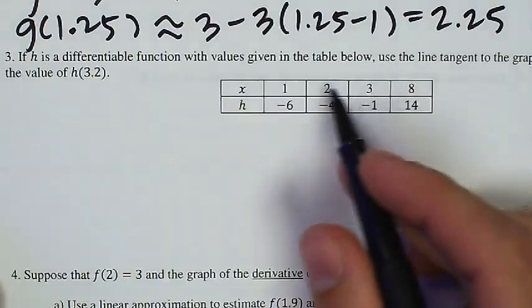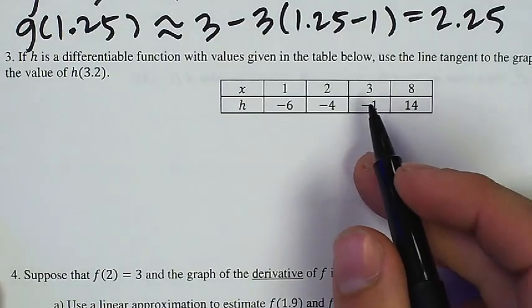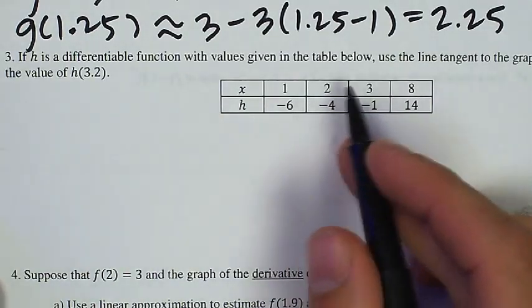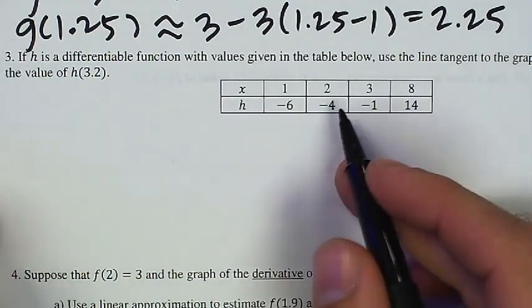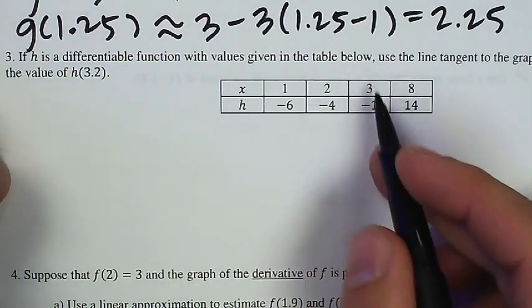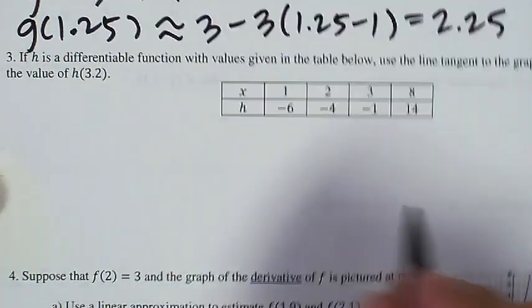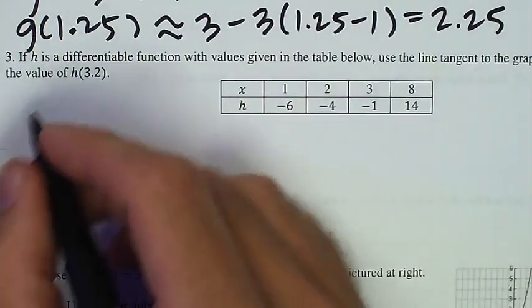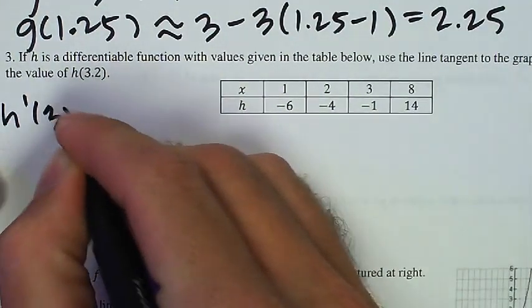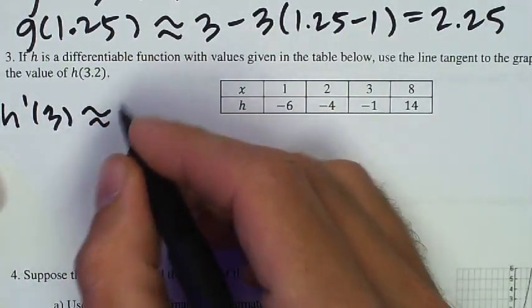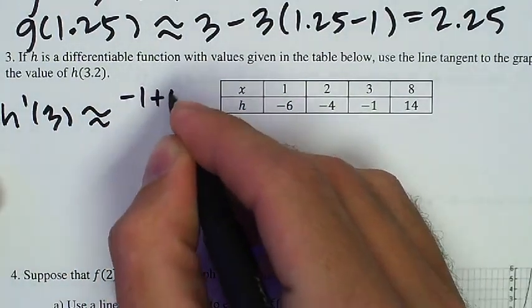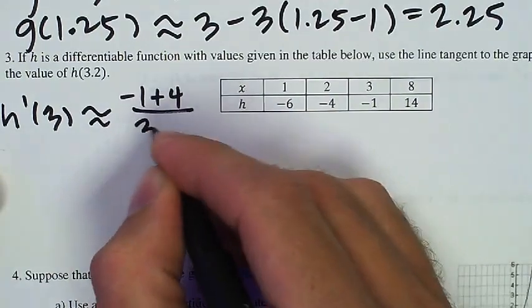I wouldn't choose 3 and 8 or 2 to 8 because those intervals are super wide, right? I think that interval 2 to 3 is narrow enough that I can get a decent approximation for the slope of h at 3 by doing the difference quotient there. So I'm going to say h prime of 3 is approximately equal to negative 1 minus negative 4 divided by 3 minus 2.